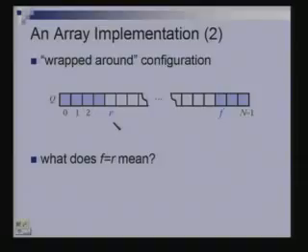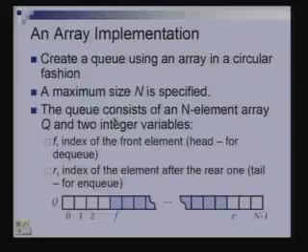Now, initially, when our queue began, where was front referring to? When we begin, where should front have referred to and rear have referred to? F should have been at -1, right?